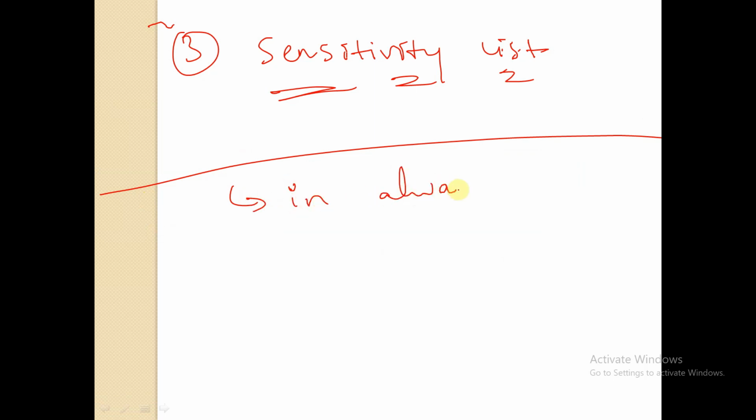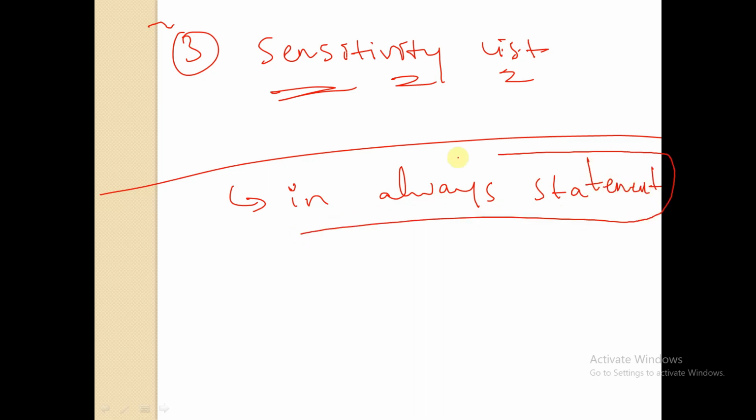So I'm asking in always statement. It can be an always block or it can be case. My question is, what is the sensitivity list in case of always block?